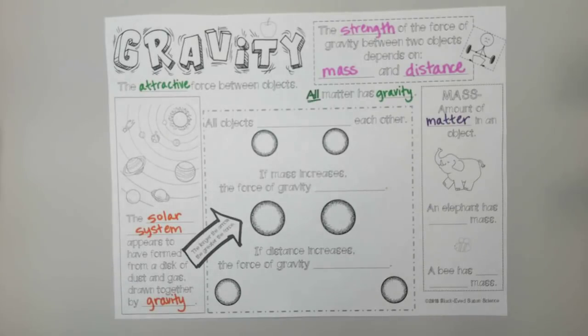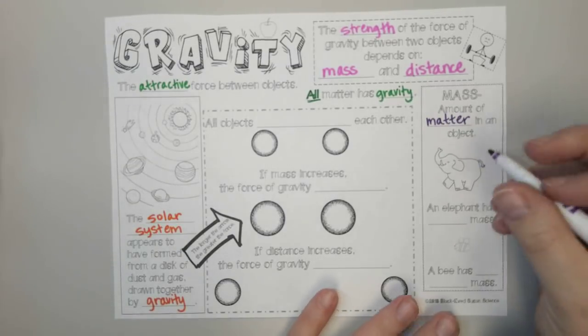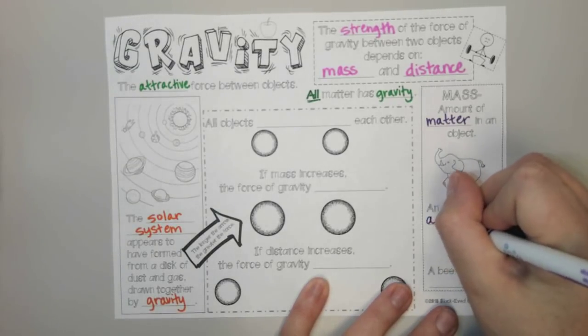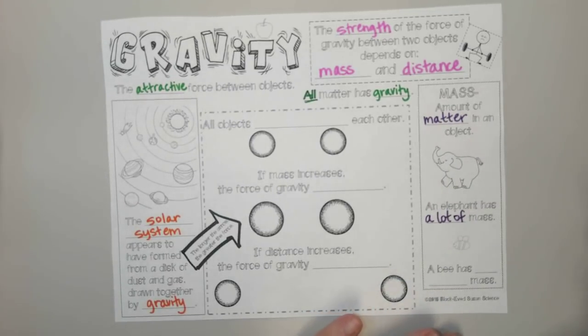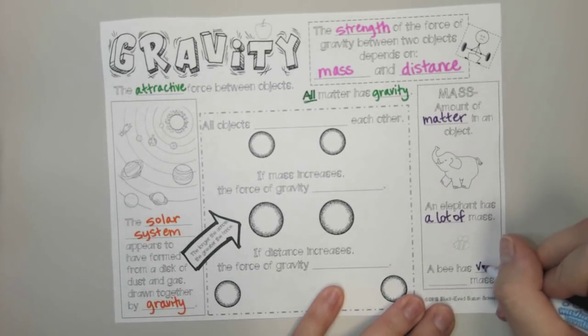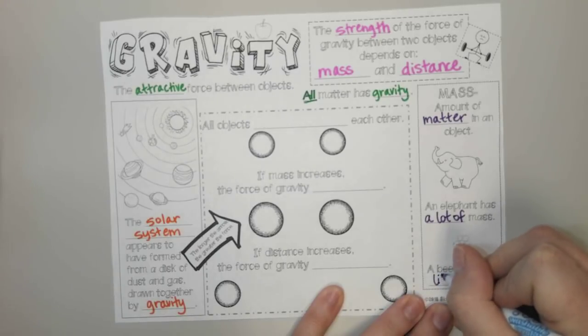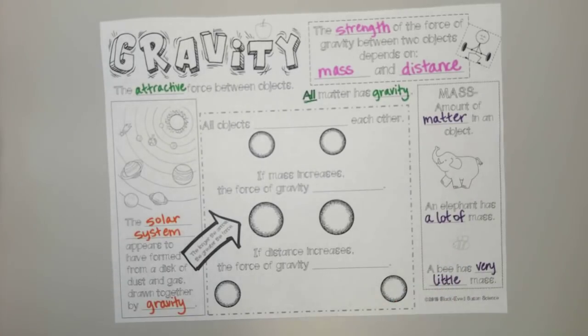Not always, but for the most part. So here it compares an elephant to a bee. If we were going to compare the mass of an elephant to the mass of a bee, we would say that the elephant has a lot of mass compared to the bee. A bee has very little mass.